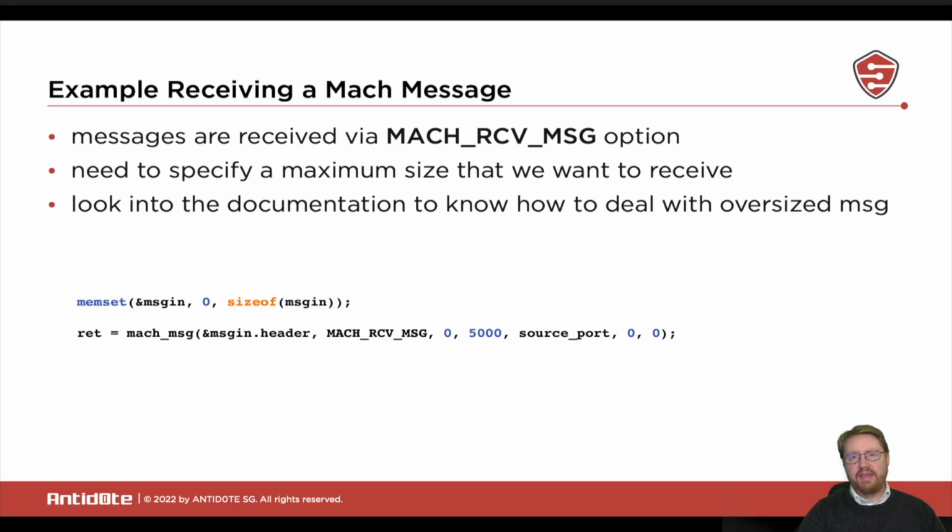So if you exceed the 5,000 bytes, you would run into trouble, because that of course would result in an error condition. How this should be handled is configured via the flags, and you have to look into the documentation for all the different options. One of the options, for example, is just to return an error.